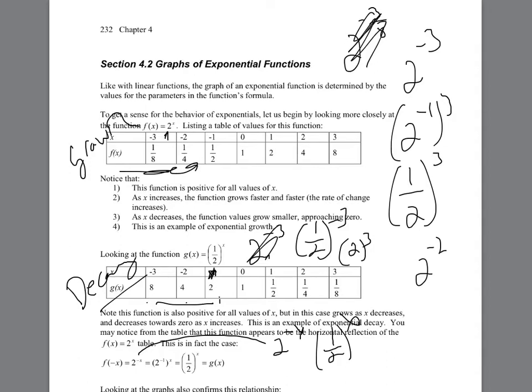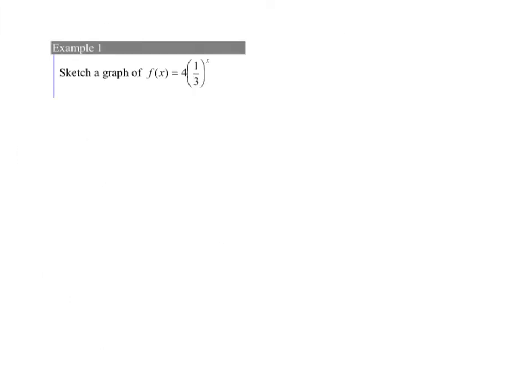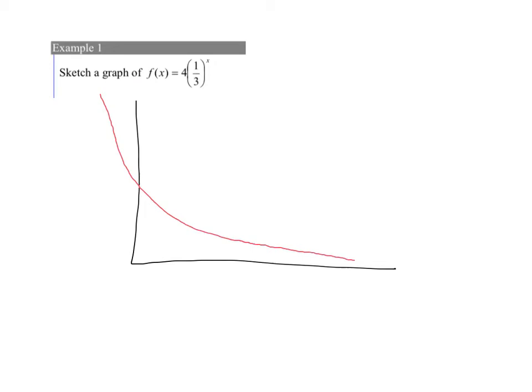More about that later. Now we have to graph this. I've got a decay model with a base less than 1, so this is going to start big and get very small because it's exponential decay.